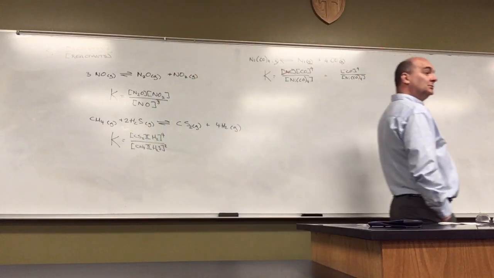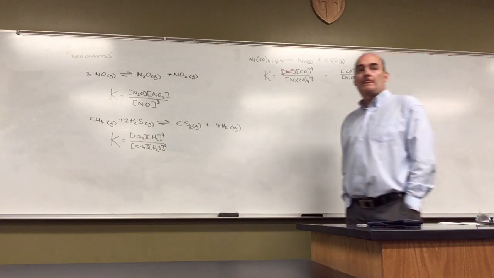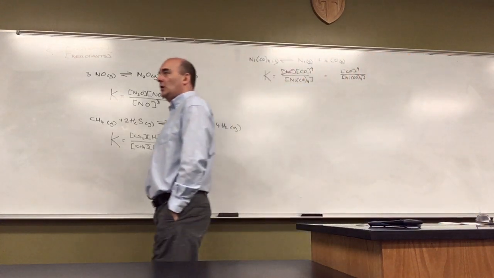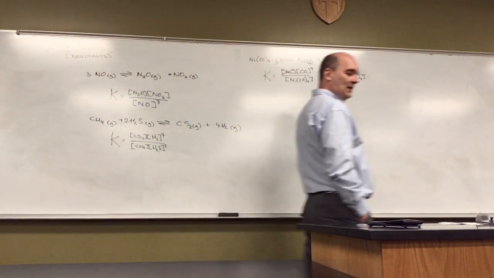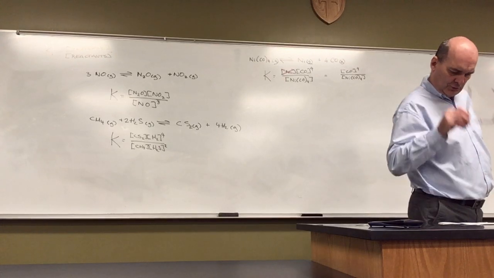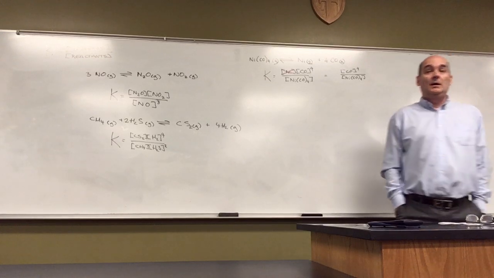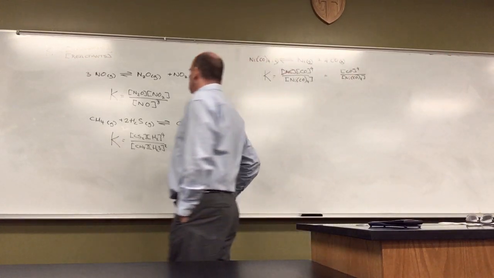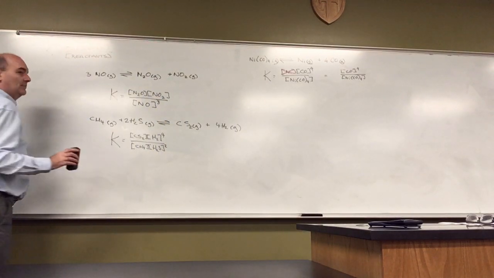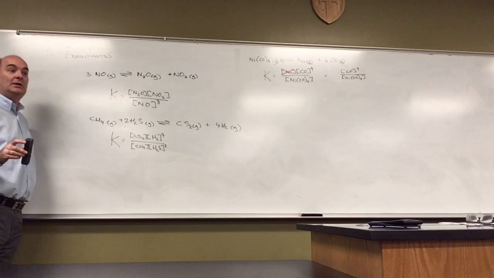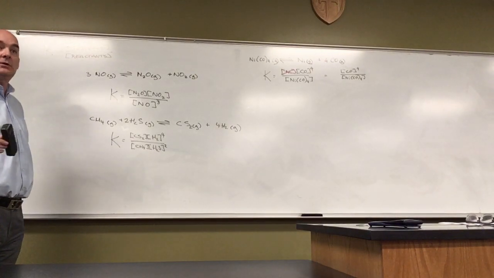Therefore, the equilibrium lives on the left. Reactants don't turn into products very much. The second equation has a value of 2.5 times 10 to the 9. That's a big number. Therefore, in that equilibrium, there are significantly many more product molecules than there are reactant molecules.